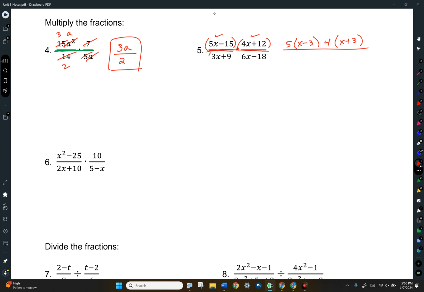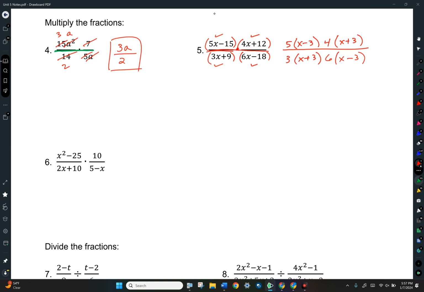So I'm going to go to this one right here. Common factor of 3 leaves me with x plus 3. And then this one right here, common factor of 2, I'm thinking, leaves me with 3x minus, oh, I could have taken out a 6. Let me back up and do that. If I take a common factor of 6, that leaves me with x minus 3.